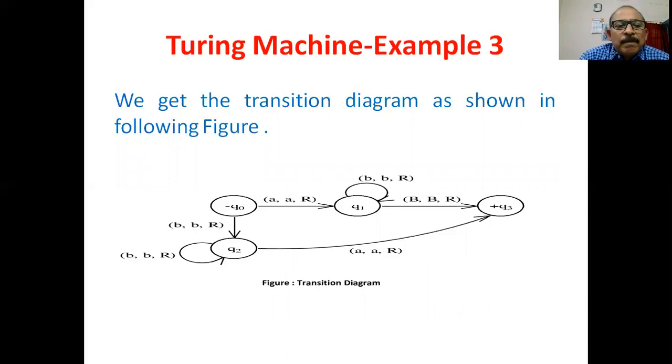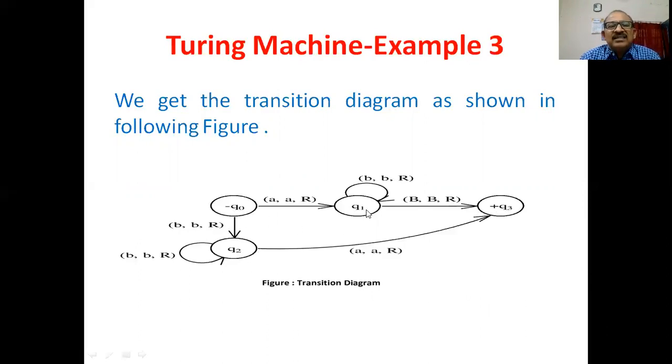Let us see here. There are 4 states in the machine. We have drawn the 4 circles Q0, Q1, Q2 and Q3. Q0 is the initial state. Q3 is the final state. It is already given in the Turing machine. Here you can see there is an arc from Q0 to Q1.